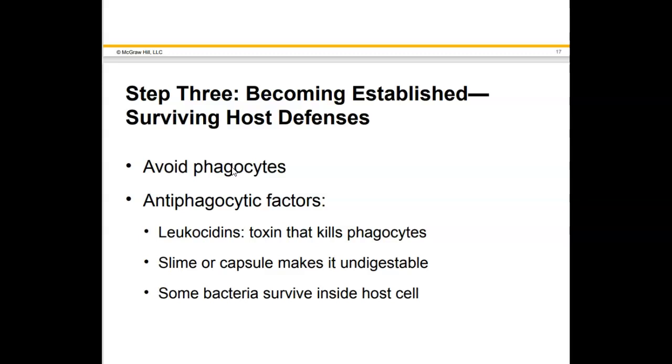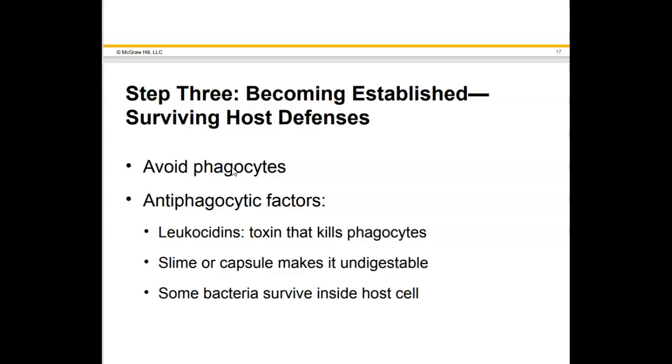So, step 3. Once they've become established, your body's going, okay, something's going on here. I detect some invaders. So these pathogens have to be able to avoid the immune response, right? So, surviving the host defenses.